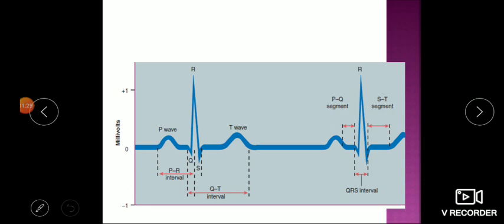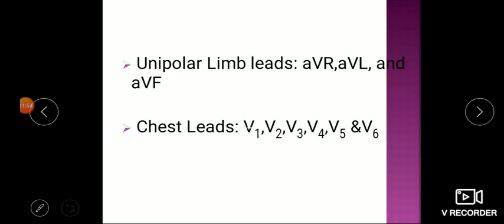Then we get these three segments, this and this, which are called the isoelectric potential phase, in which the heart is silent, neither depolarization nor repolarization, impulse silent. And this last wave, which is positive, called the T wave, is due to ventricular repolarization.